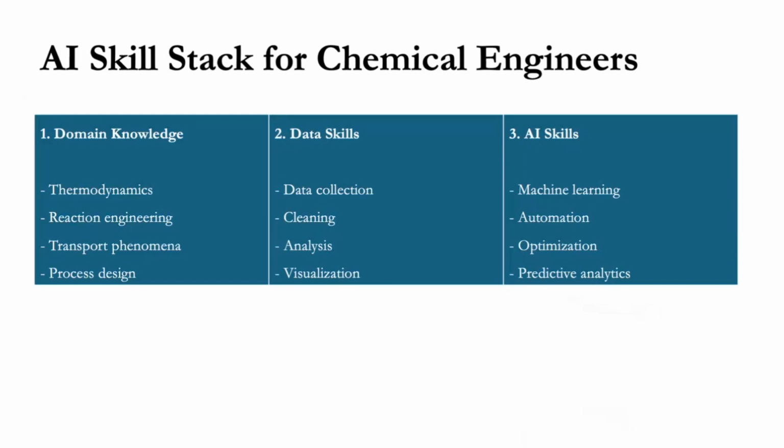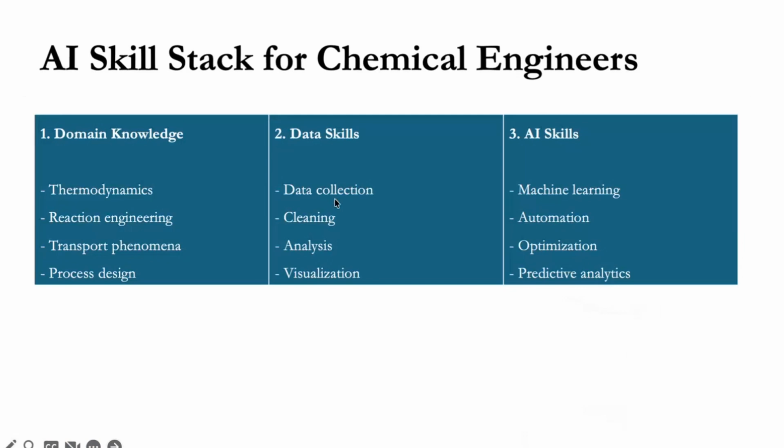To become a future-ready chemical engineer, three things are required. First is domain knowledge. This includes thermodynamics, reaction engineering, transport phenomena, process control, and process design.